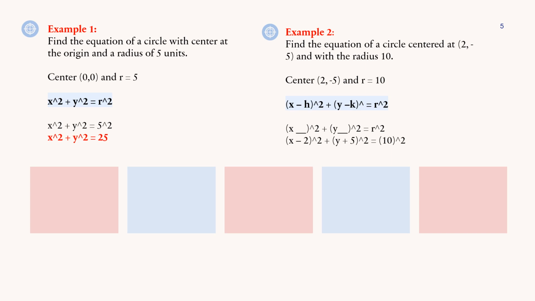So that will be x minus 2 squared plus y plus 5 squared is equal to 10 squared. Then simplify, 10 squared is 100. So this will be the equation of a circle with a center 2 and negative 5 with the radius of 10.